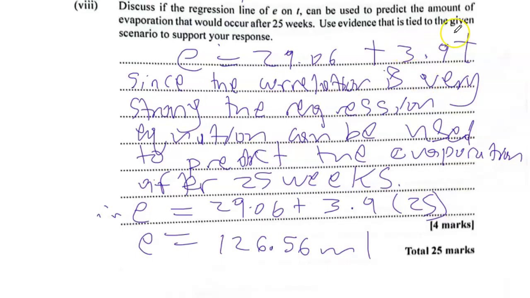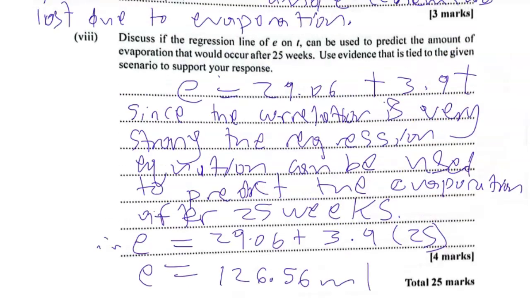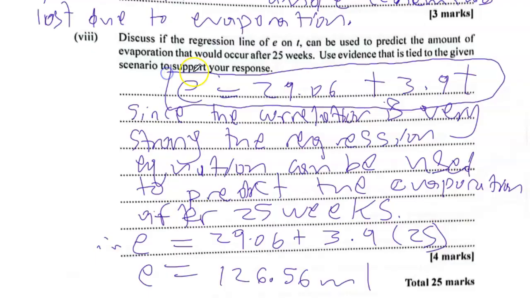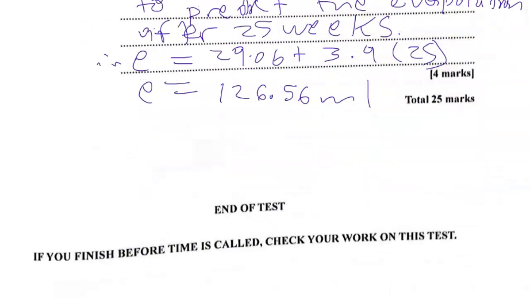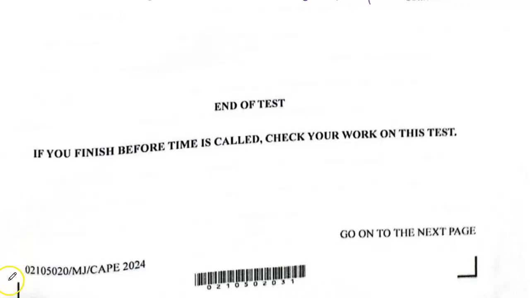And it's very important to point out that it doesn't necessarily mean that one is a cause of the other. We're simply basing our answer on the model and on the fact that the correlation is extremely strong. That's it. End of test.